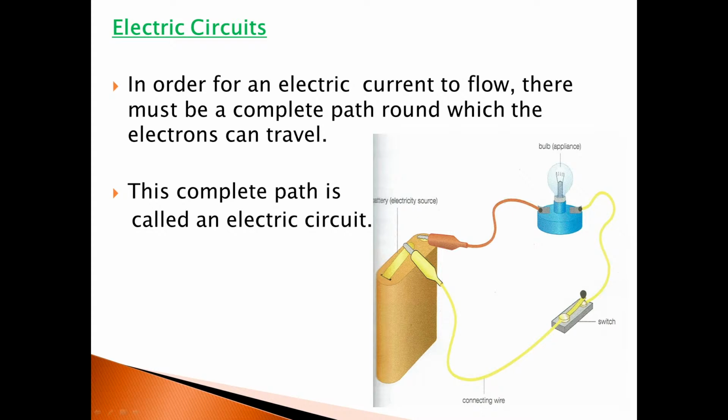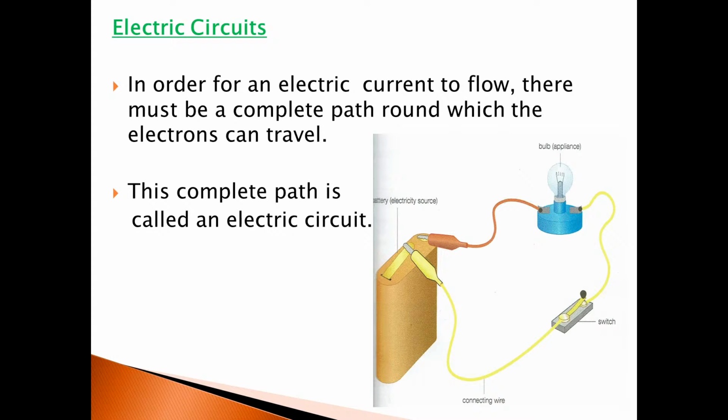Alright, so after looking at insulators and conductors, as for electricity, we're looking at something called electric circuits. So we're basically going to look at how electricity moves through the human body. First thing, we're going to look at what is known as an electric circuit.